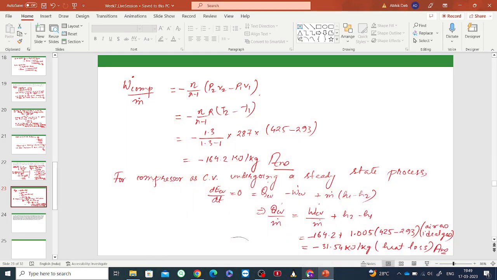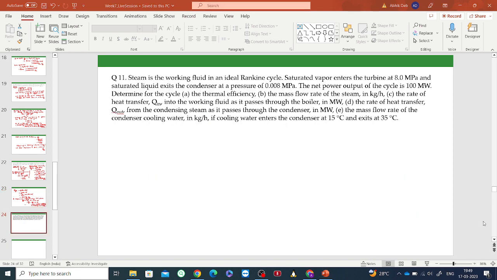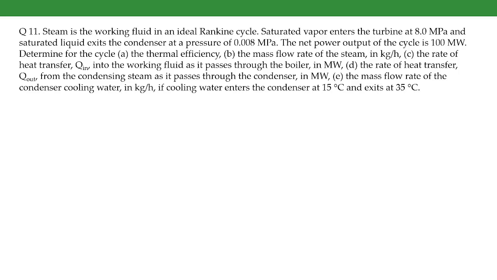Okay, so I'm taking that there is no doubt. We have solved quite a good number of problems related to equipment and devices. Now we will be moving on to a problem related to the Rankine cycle, which is a basic working cycle for steam in the steam power plant.